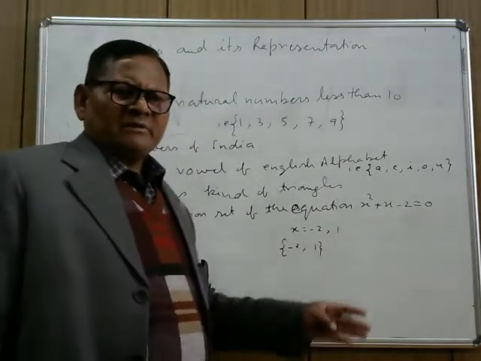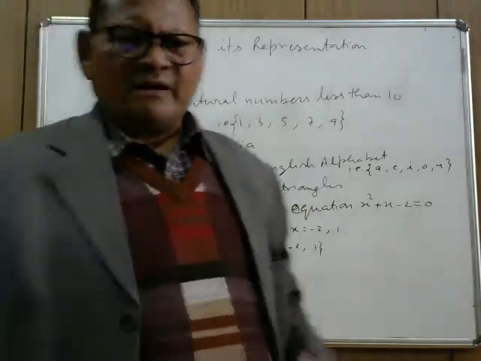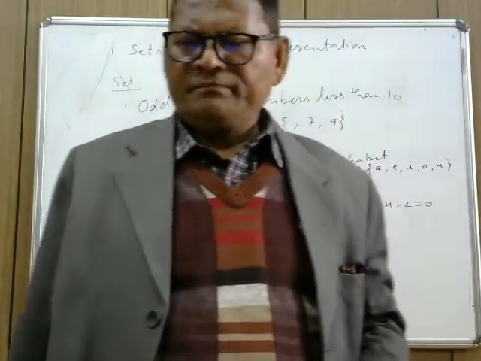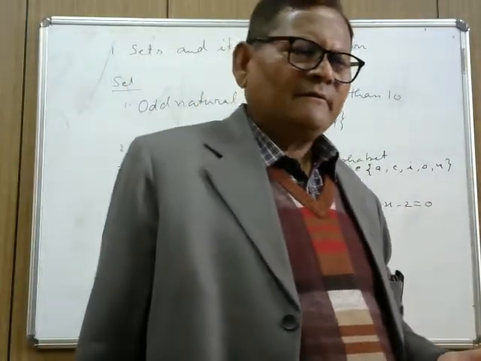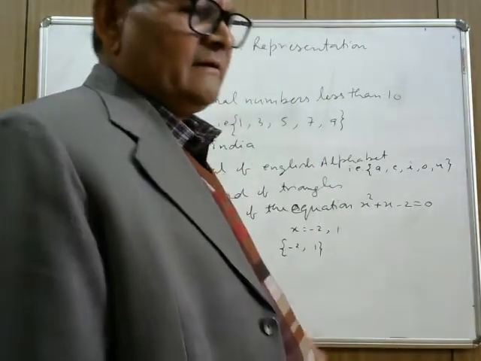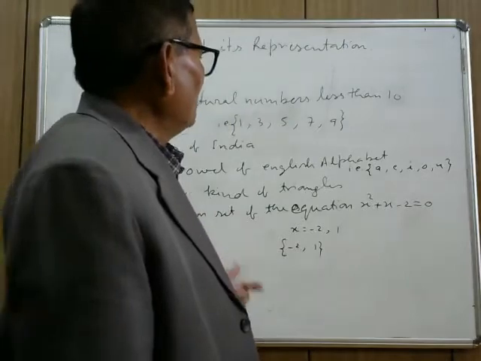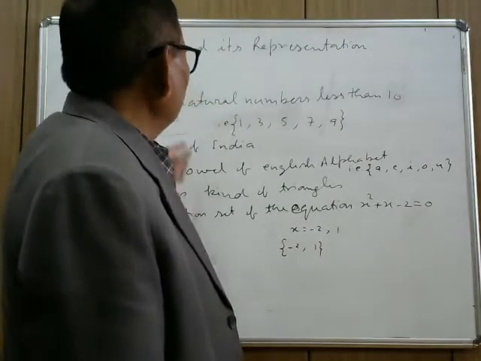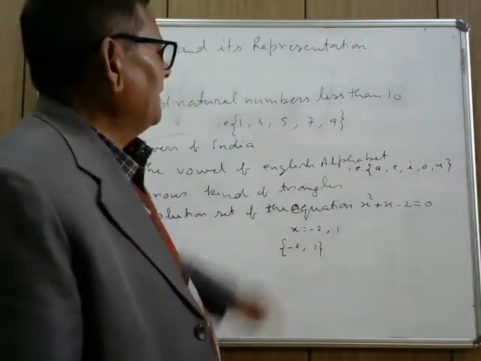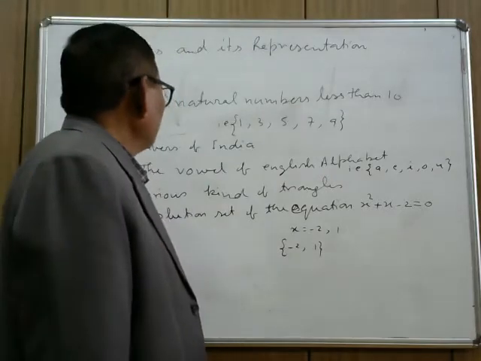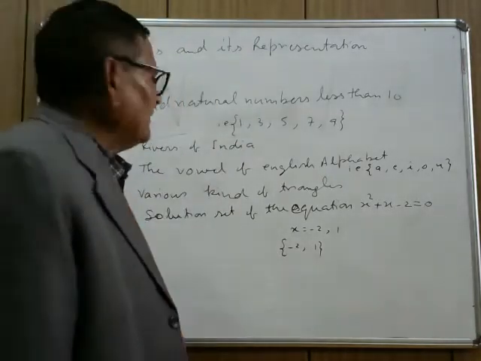Now, whether all these collections are well defined or not. This is important. In the first case, you observe that this is well defined. The rivers of India, this is well defined.